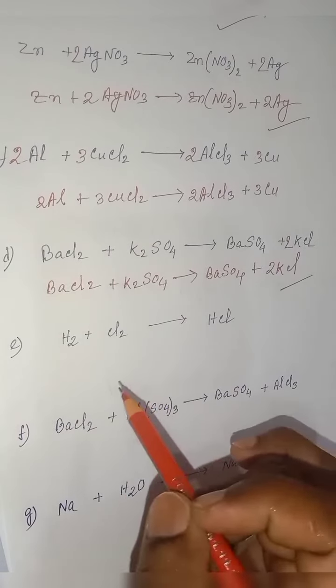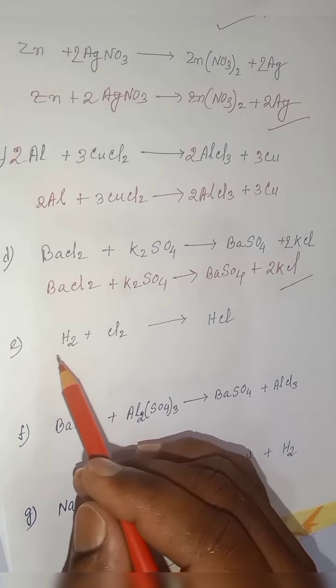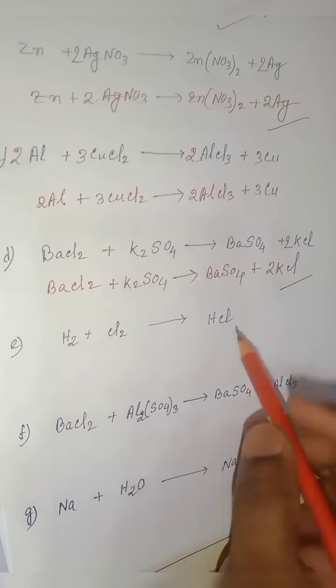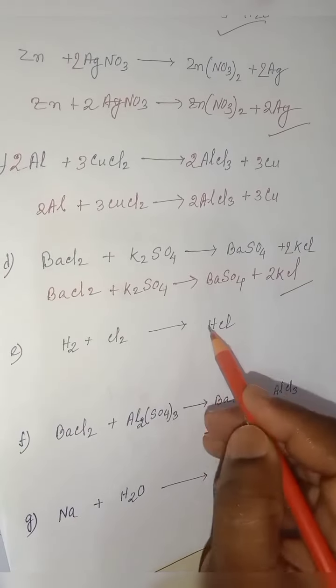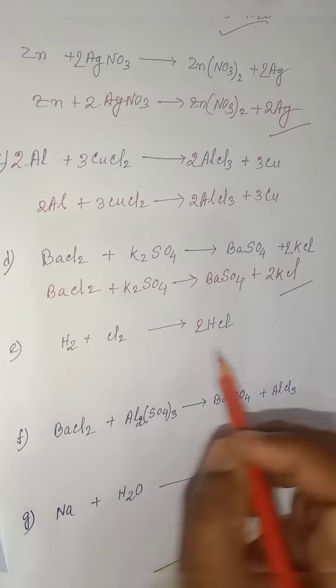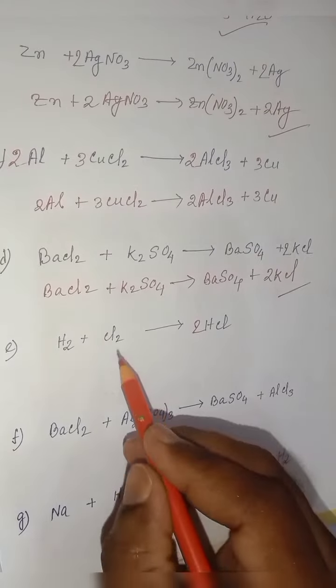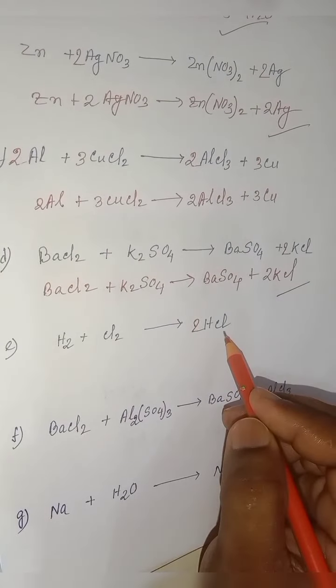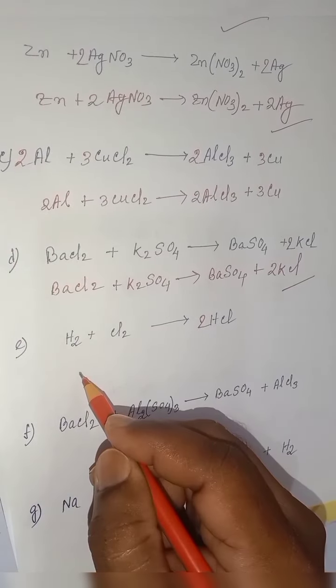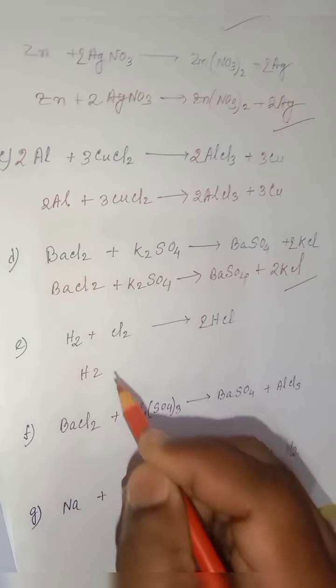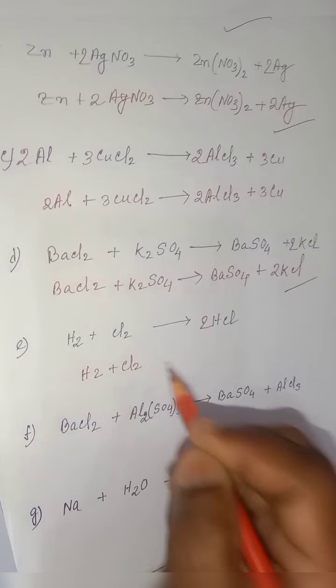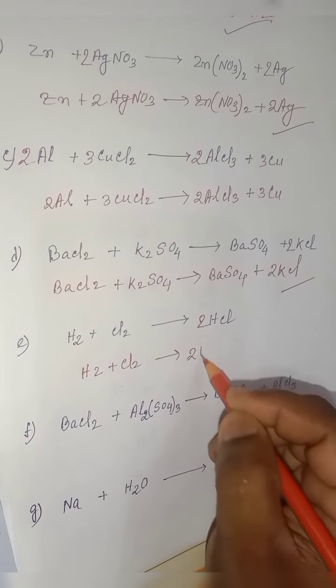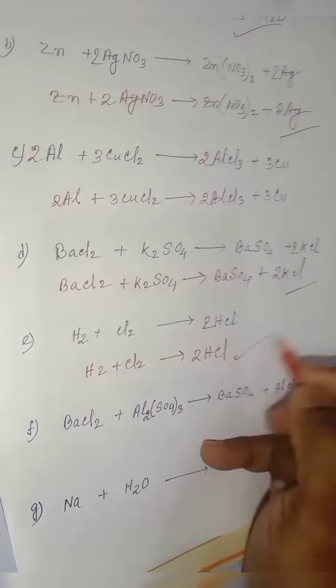Left hand side number of hydrogen 2, right hand side 1, so multiply by 2. Hydrogen is balanced, and the number of chlorine is also balanced, 2 and 2. That is the balanced equation H2 plus Cl2 from 2HCl. Okay.